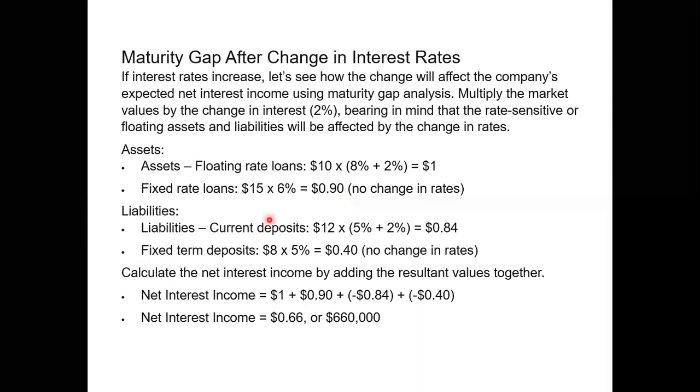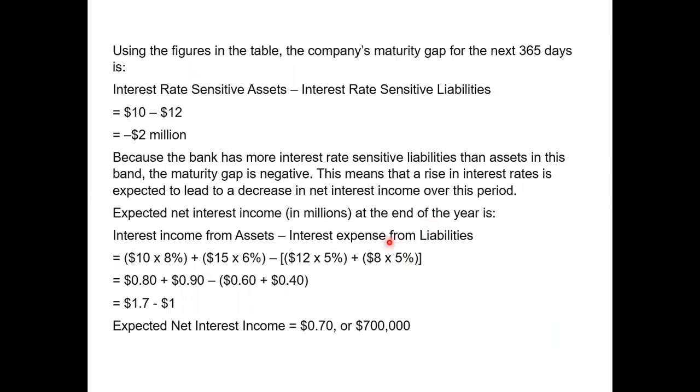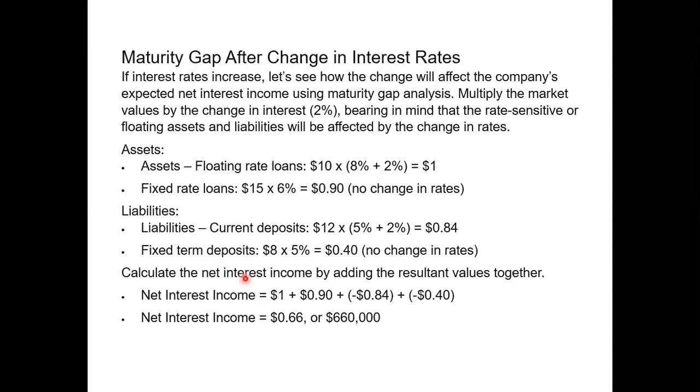Now when we look at the liabilities, the current deposit rate was 5% earlier. Now it is increased by 2%, total 7%. Now interest expense increases to 0.84, earlier it was 0.6. And the fixed term deposit, 8 million at 5%: there's no change on long-term deposits, so no change in interest rate.